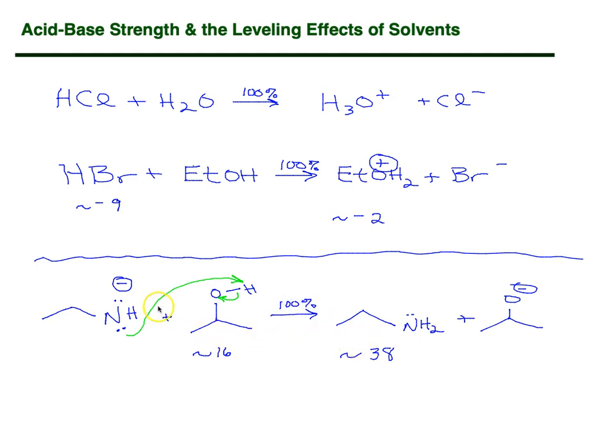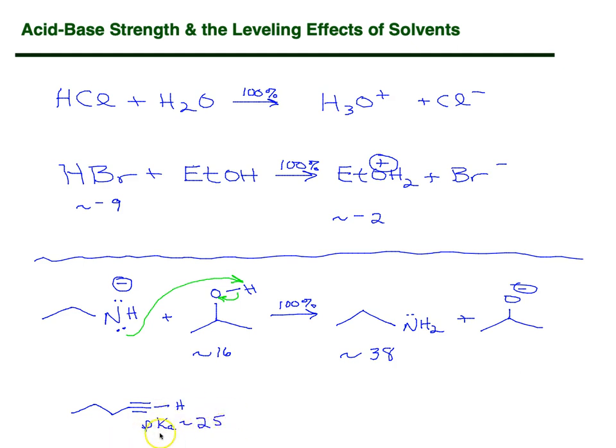So what that means is that if you want a really strong base like the amide ion for deprotonating some species, for instance, if we wanted to deprotonate say a terminal alkyne where we had a triple bond and a hydrogen, this has a pKa of about 25.